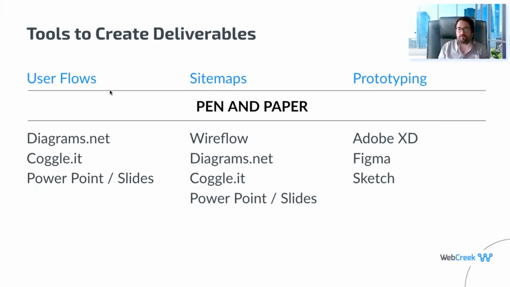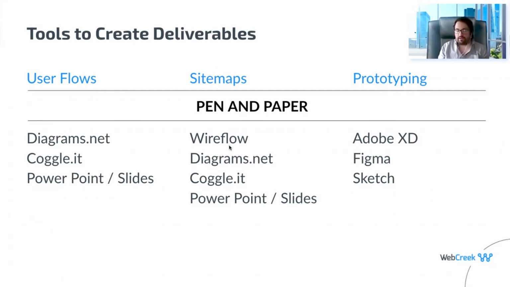But in the case of user flows, for example, we have diagrams.net, or what was previously known as draw.io. We have coggle.it, which is a mind map tool. And you can either work PowerPoint or slides to make user flows, because it has the shapes. You can type within, you can draw arrows and things like that. But all of these, again, these three are open source. Sitemaps.